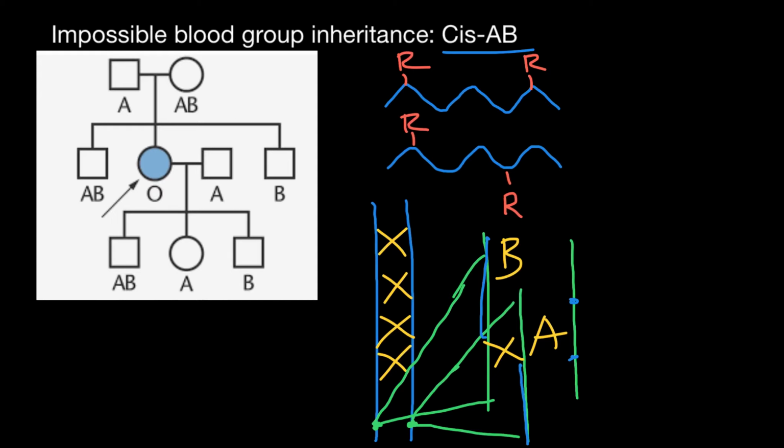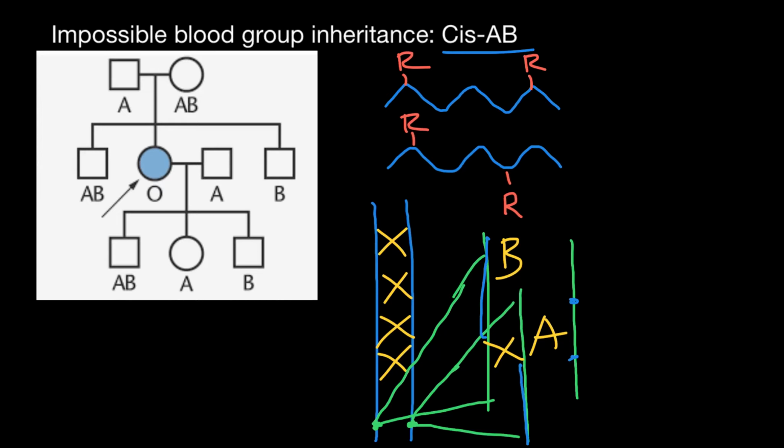And what's going to happen? Such an enzyme would sometimes convert the substrate into one type of polysaccharide, or add an acetylgalactosamine, and this is going to be A blood group, and sometimes would add another sugar, which is galactose, and this is going to be B allele.